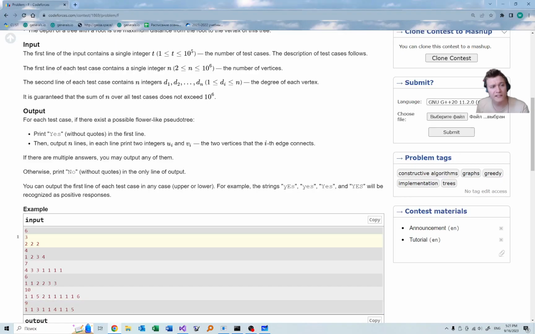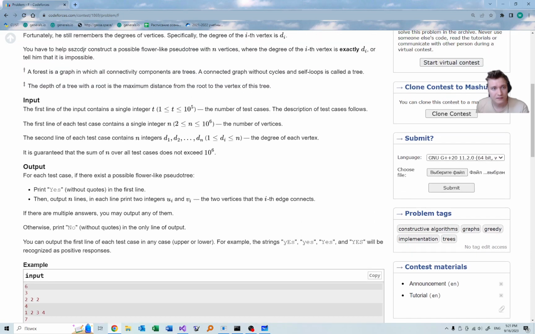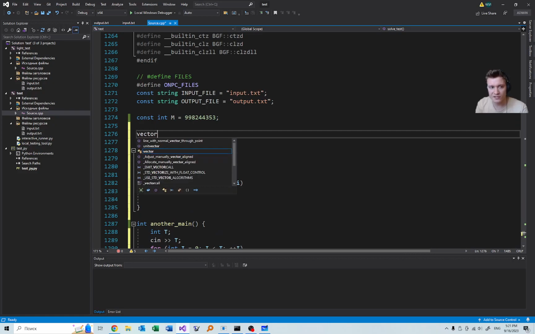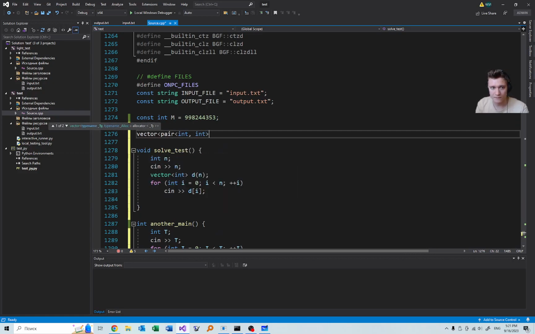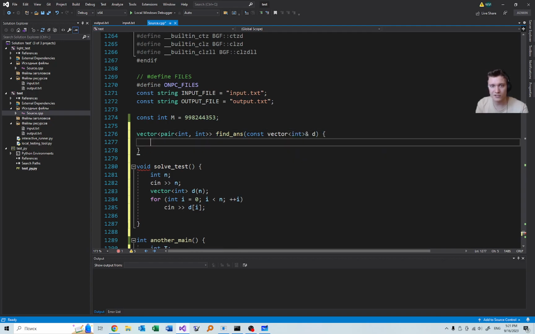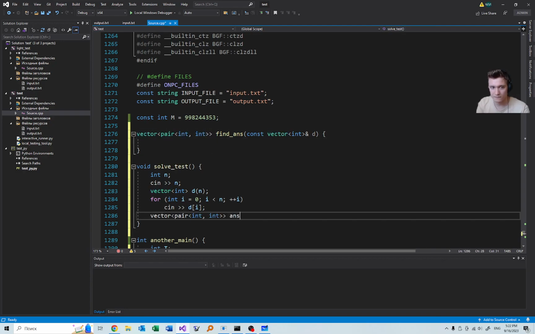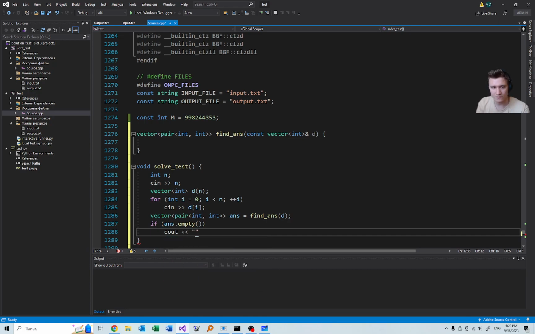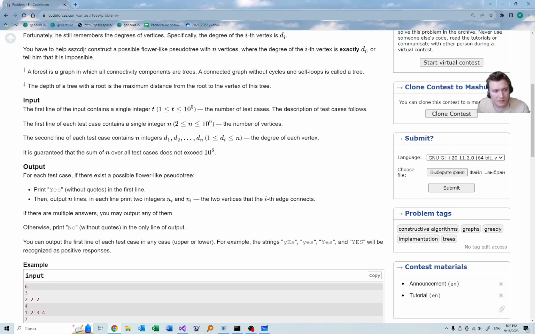After that, I will write some function find ans, which will find the answer. I think I will output a vector of pairs of ints, which takes the vector of degrees and returns it. So now we have the answer. And if the answer is empty, this will mean that the answer is no. We print no. Is it okay?